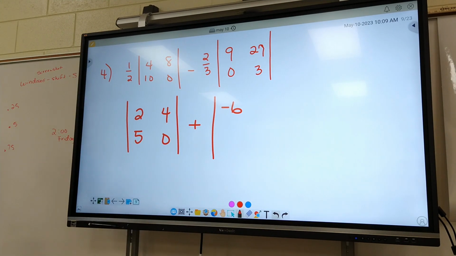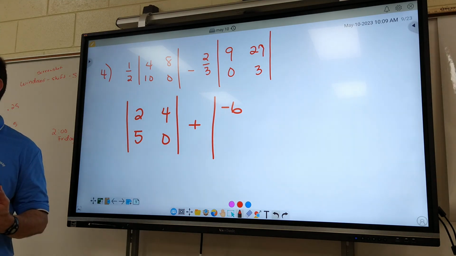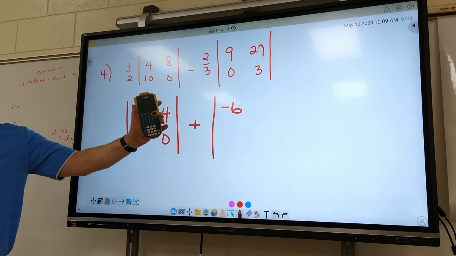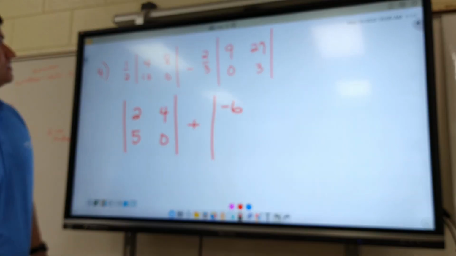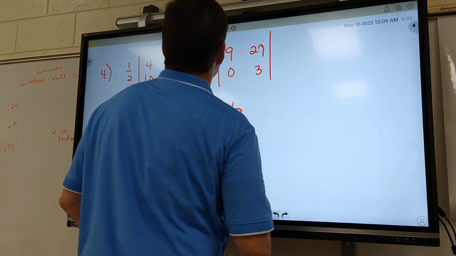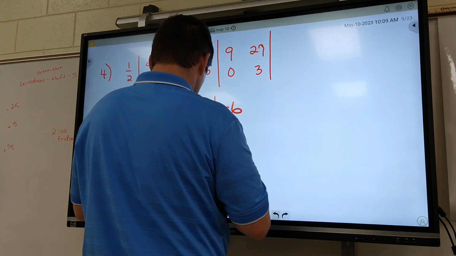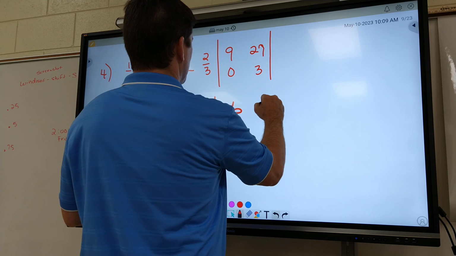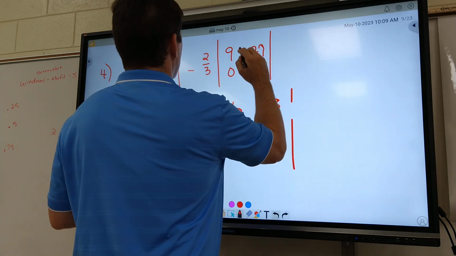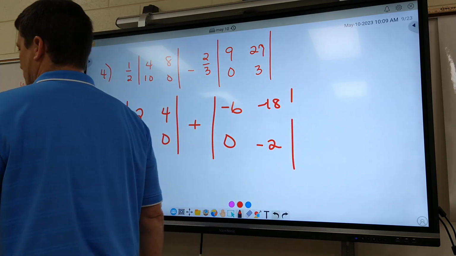So if you multiply by just +2/3, you would leave the minus in between. But if you times by negative, you got to change that to a plus. All right, I got 0 there. 27 times -2/3. I got -18, and I got -2.